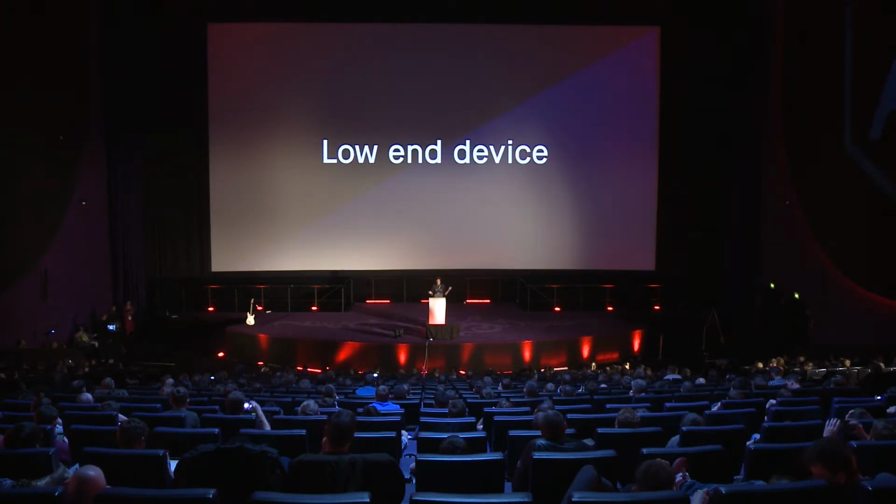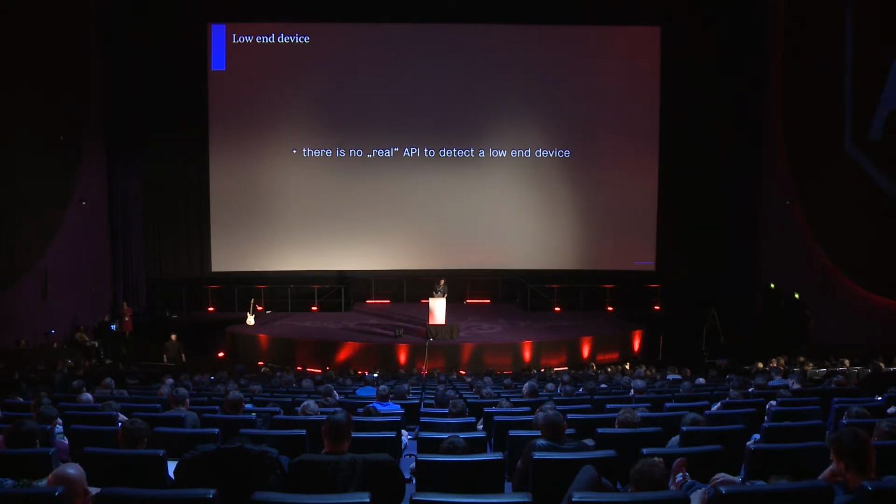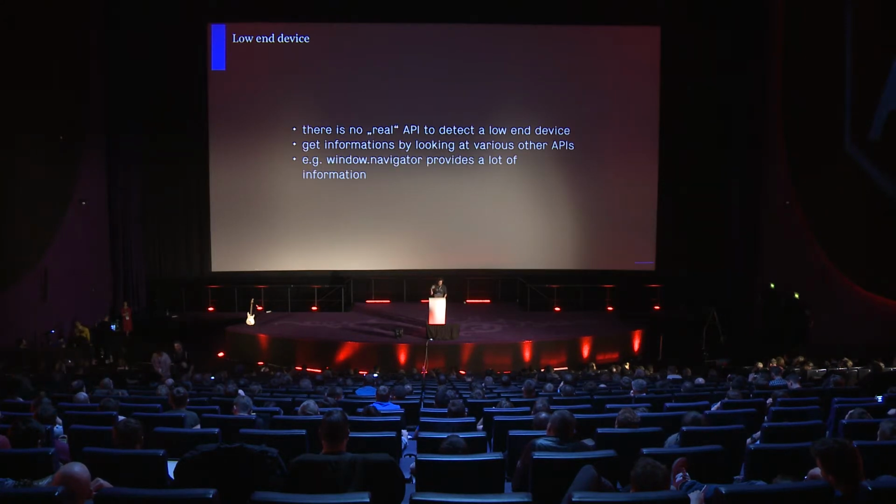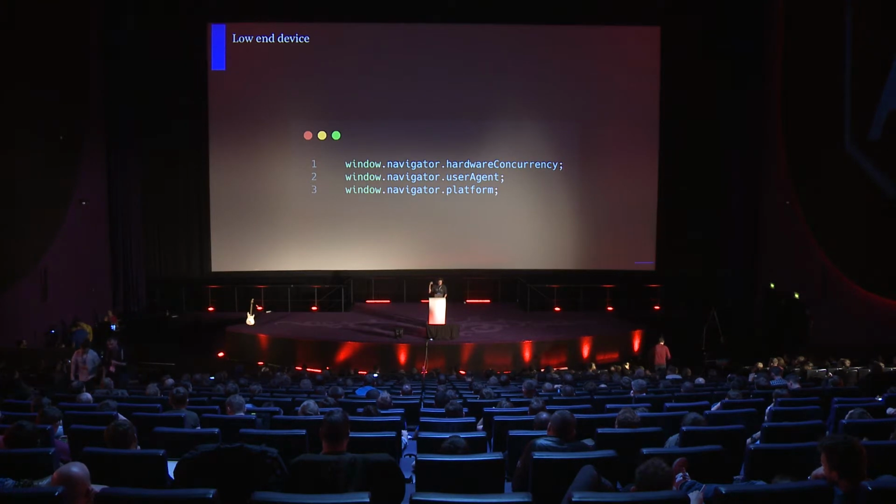Low-end devices. Would it be awesome if there's an API for that? Well, it turns out there's no real API to detect what kind of device you have. But there's a lot of information if you look at various APIs. For example, window.navigator provides a lot of information, and you can find out how many CPUs a machine has.